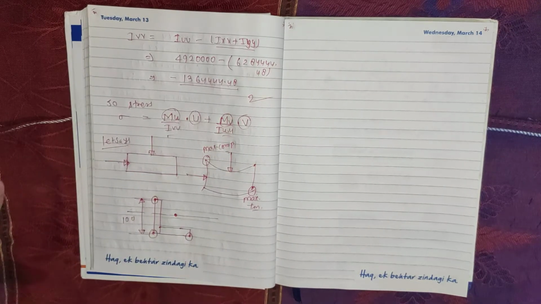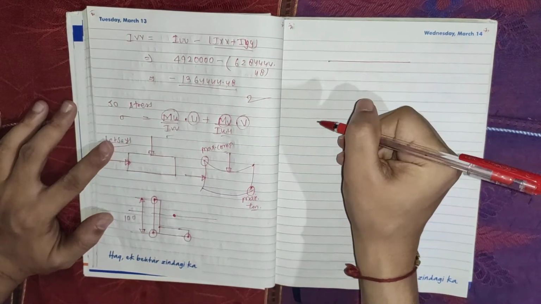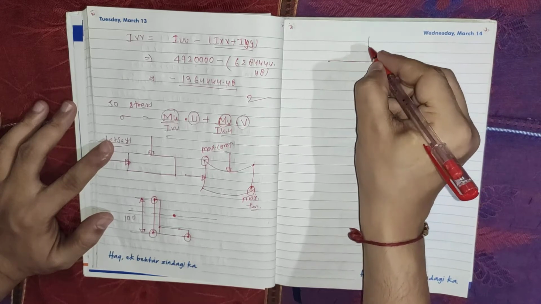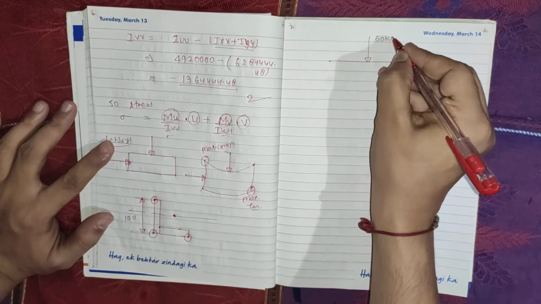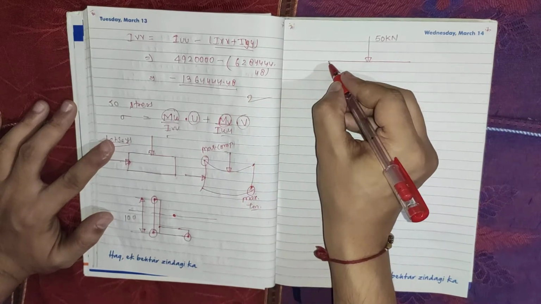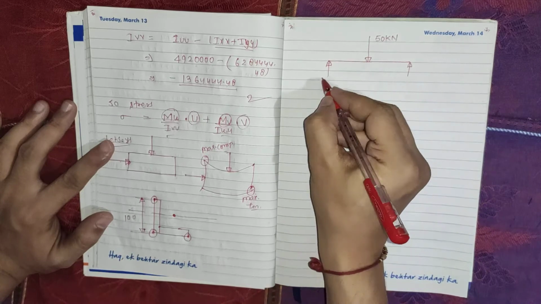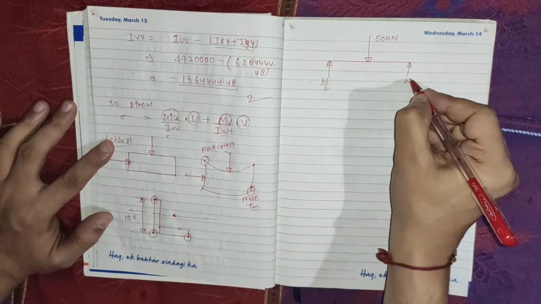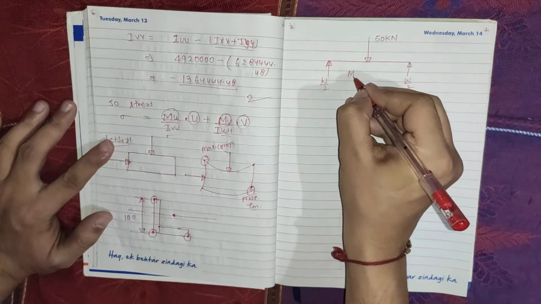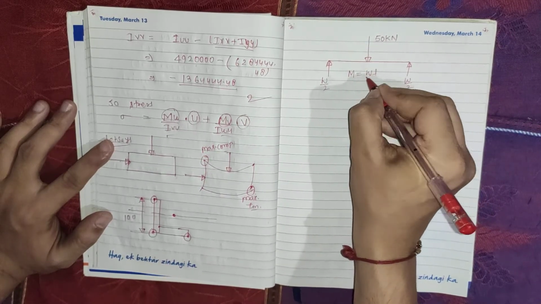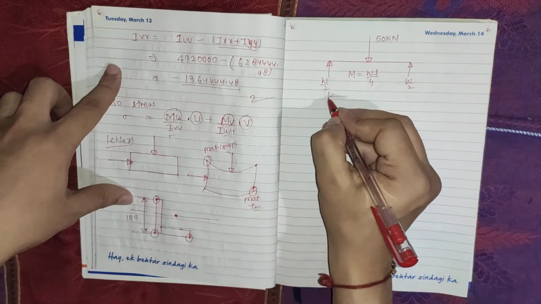Is it clear? Let's say a beam having a point load of 50 kilonewton here. Okay, 50 kilonewton. Then the reaction becomes half of this, W by 2, and this is also W by 2. Is it clear? Then moment is WL by 4. Let's say this becomes L.